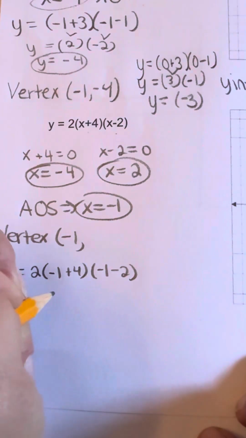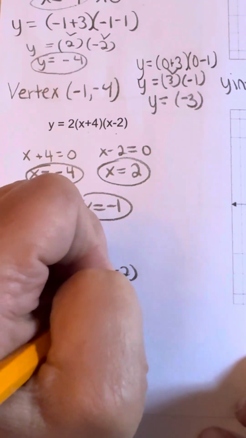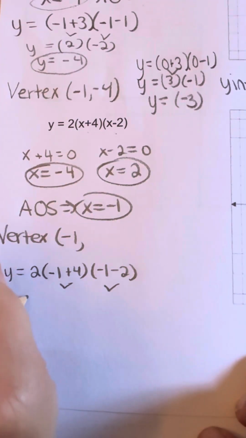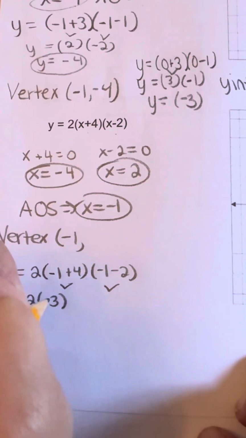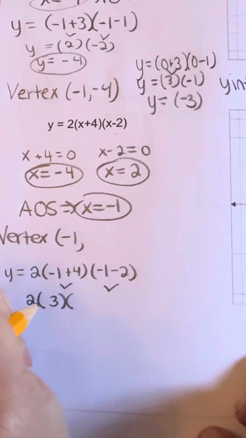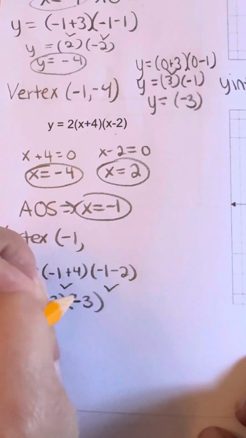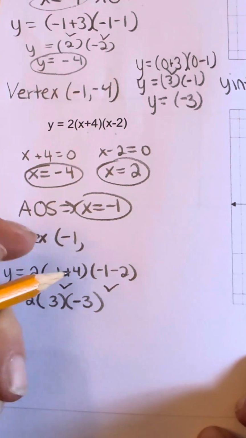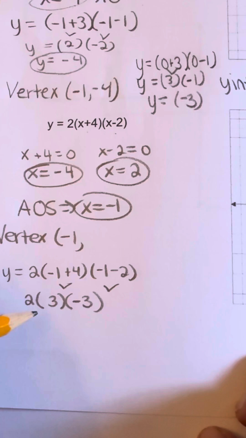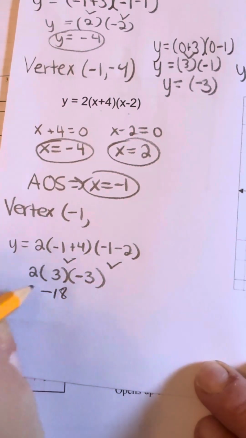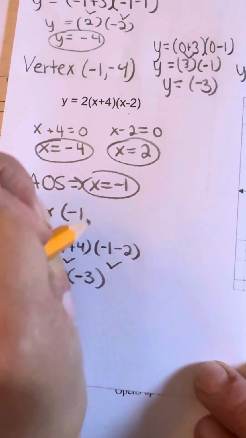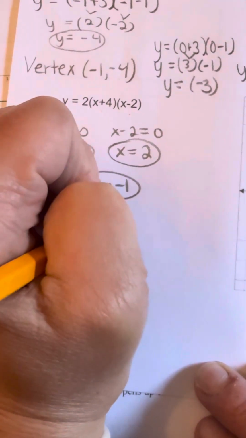So we'll start off with order of operations. We'll do the parentheses first, and we're going to get 2 times everything that's in here, which is going to end up being 3, times everything that's in here, which is -3. And then we're just going to go ahead and solve. 2 times 3 is 6, times the -3 is going to end up being -18. And so that is my y-coordinate for my vertex.